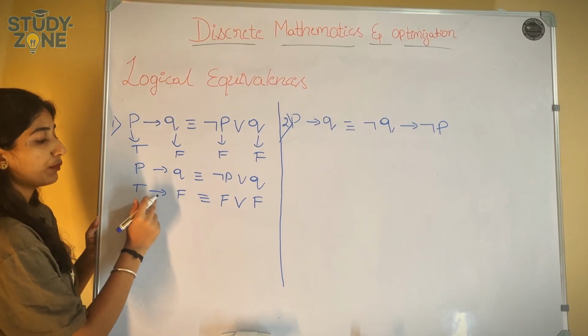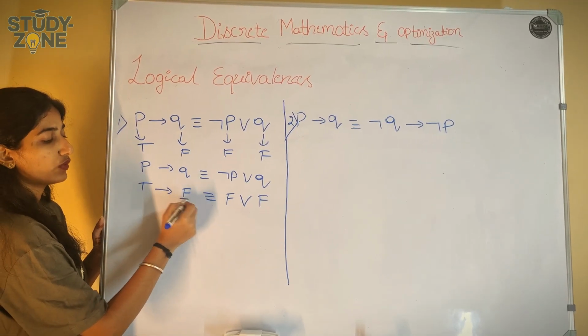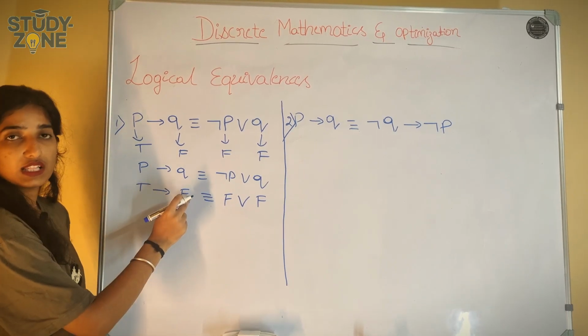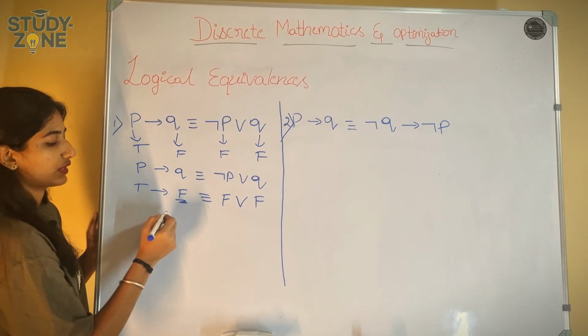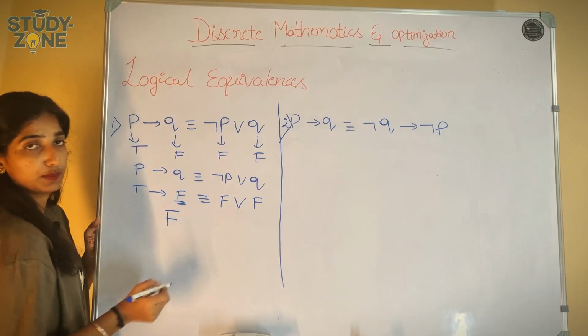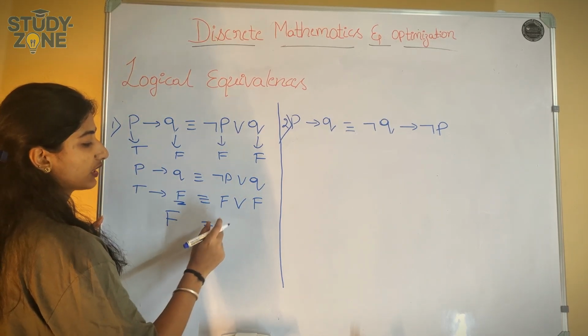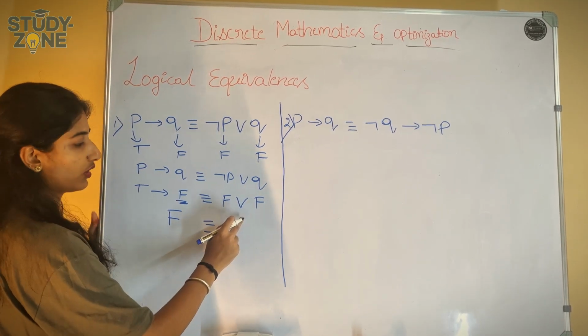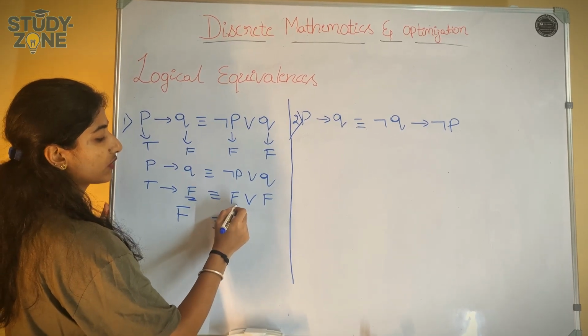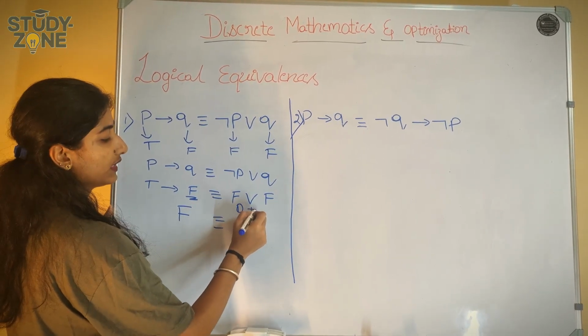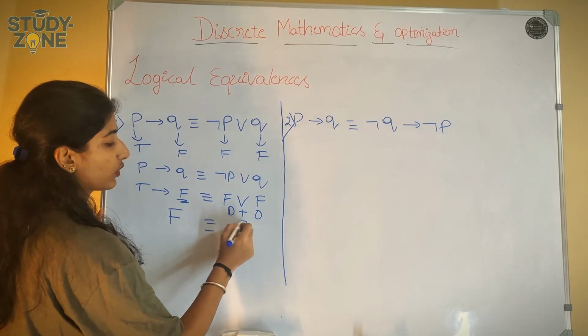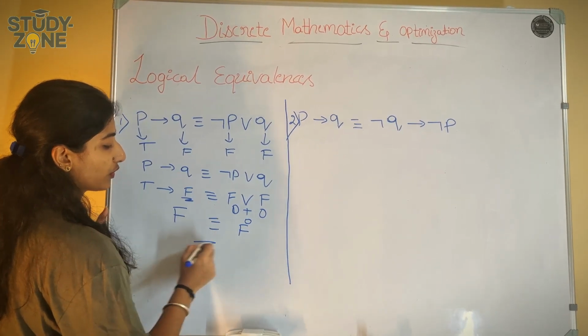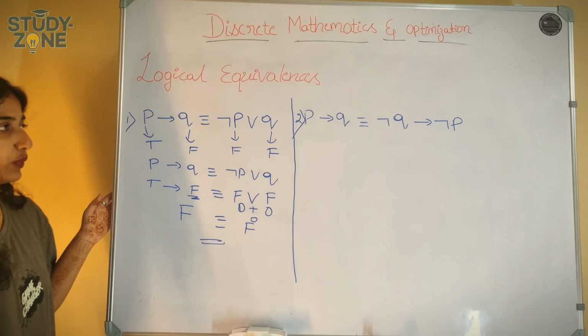In T implies false, we have to look at the last value, that is false. Therefore, the answer will be false. Here we have to check whether it is also false or not. Here 0 plus 0 is 0, which means false. So they both are logically equivalent.